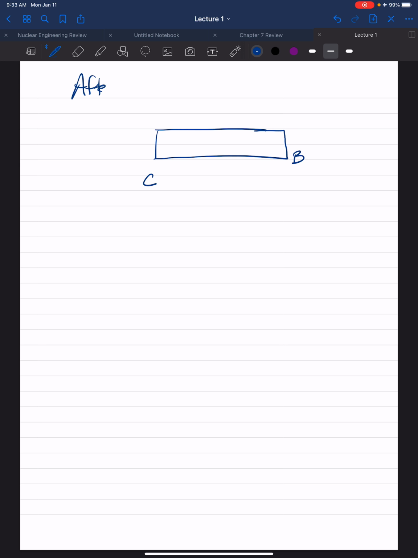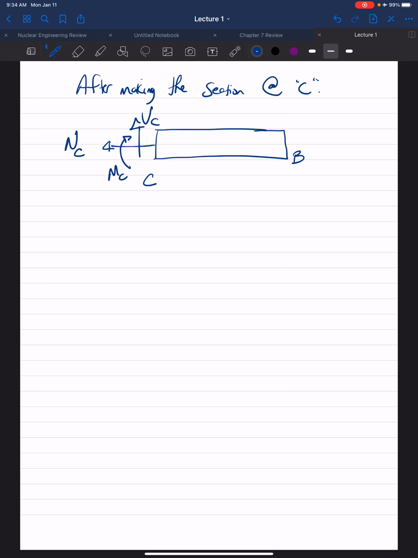This is after making the section at C. So first things first, this is coplanar analysis, so we have to account for our internal loading: our normal force at C, our shearing force at C, and our bending moment at C. These are our three unknowns we have to solve for, and what the question is asking for, the resulting internal loadings.